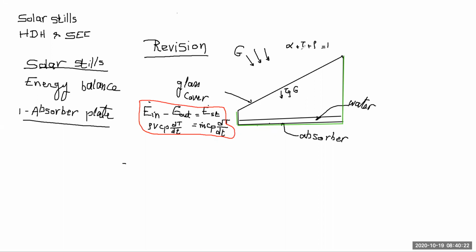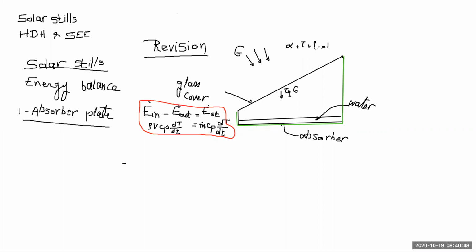This originated from alpha G, the fraction of energy being absorbed, plus tau G, the fraction of energy being transmitted, plus rho G, the fraction of energy being reflected, is equal to G, which is the total radiation falling.